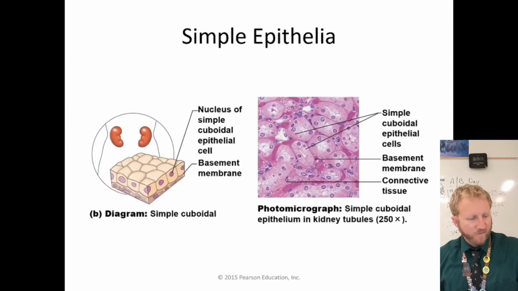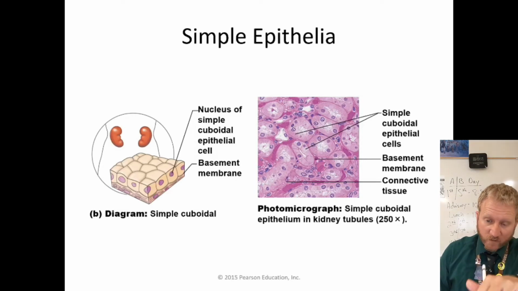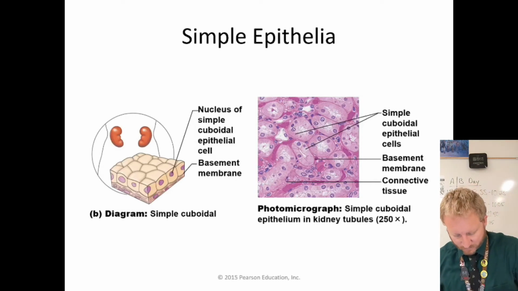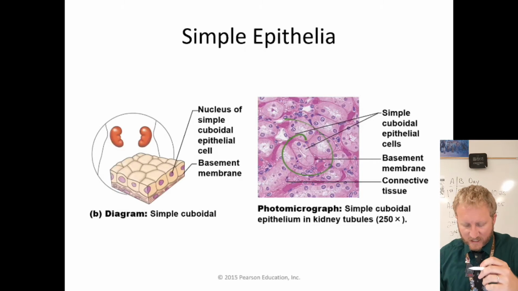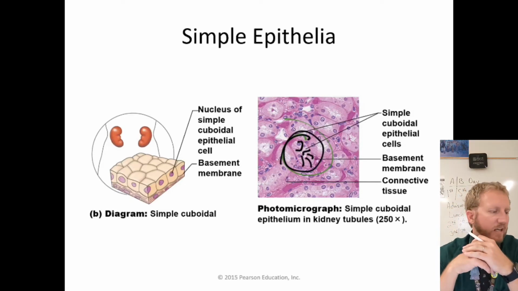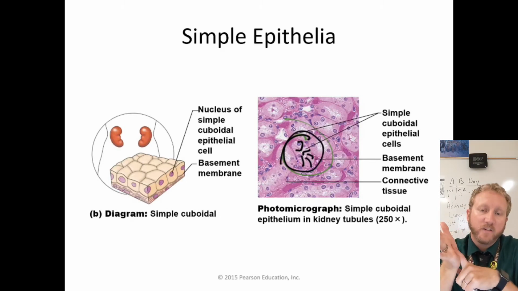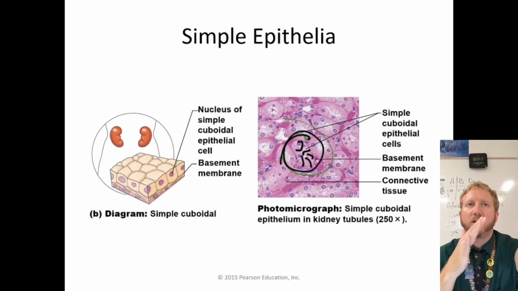Then we have simple cuboidal, which is a simple layer of cube-like cells. If you look especially here in the circles, you can see those single layers of cells going around. These are common in glands and the ducts that help move the hormones along.